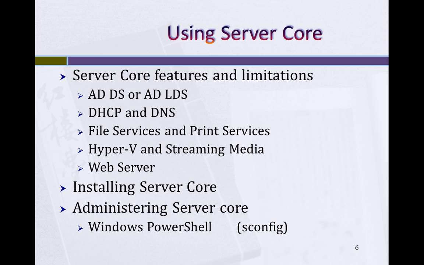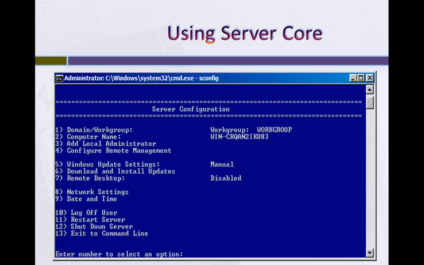So one of the most important tools that you can use for a 2008 R2 server is the Windows PowerShell. And you can access the Windows PowerShell by typing sconfig and pressing enter. And then when you do, you'll see a menu. Let me see if I can get it up there for you.